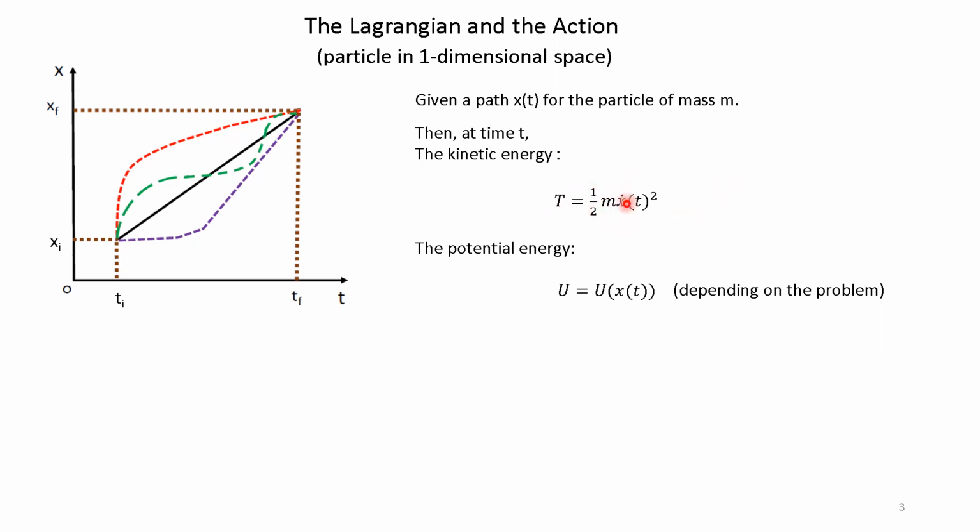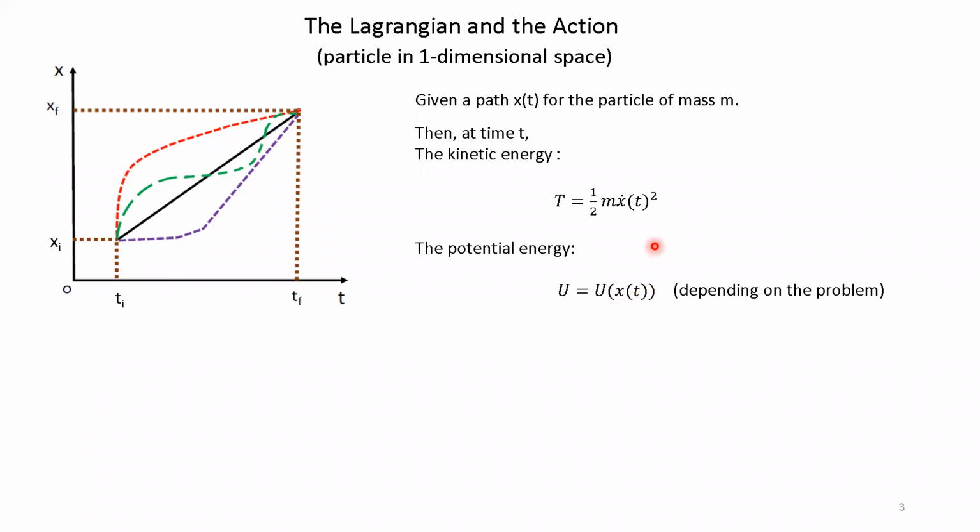Also I can calculate the potential energy. At least for the kind of potential energy that we have learned, it depends on position. So if I give you the position as a function of time, then you can tell me the potential energy as a function of position or as a function of time.